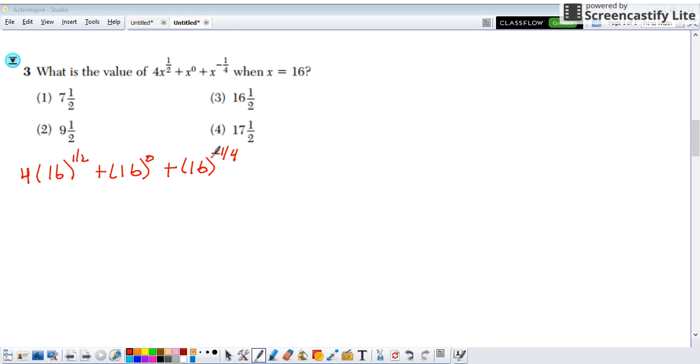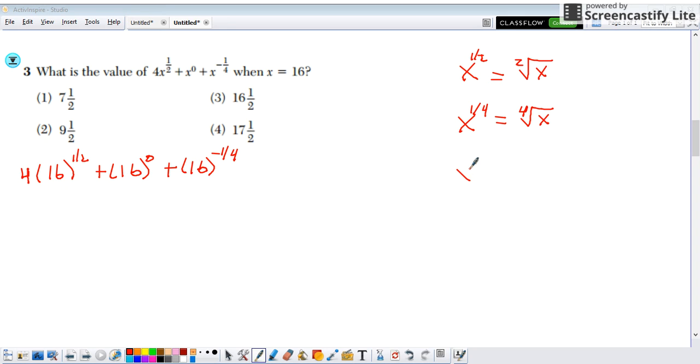Now, before we move on, I want to review something here. Whenever you have any expression raised to the 1/2, you can rewrite this as the square root of x. In an exponent, your denominator, you can express it as a root. Also, 1/4, you can express it as the 4th root of x.